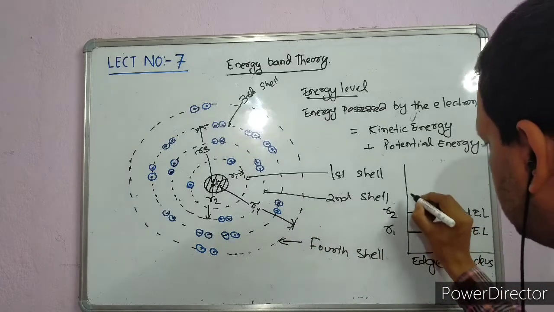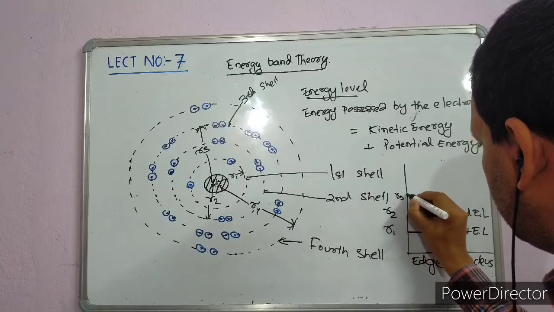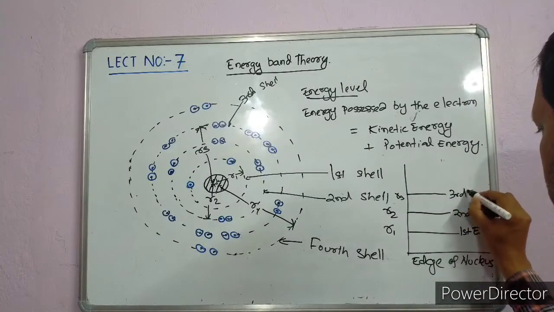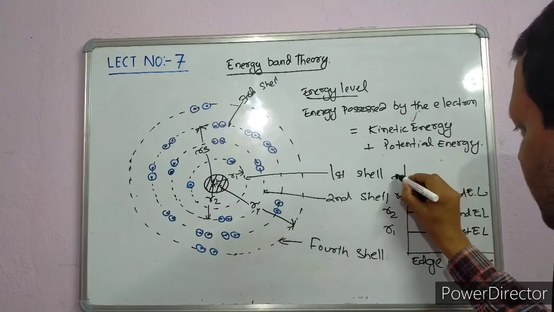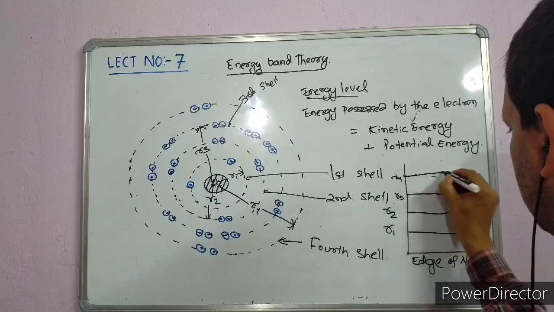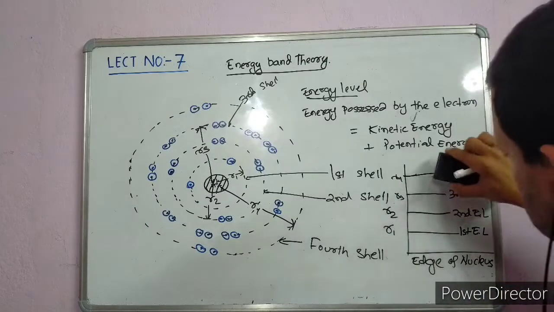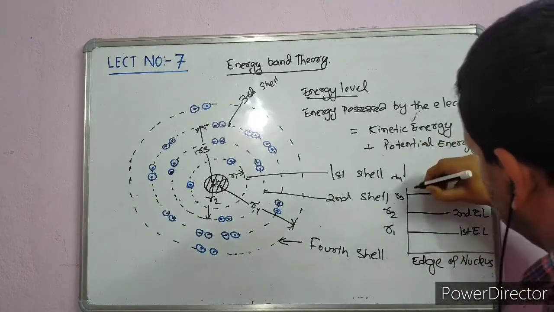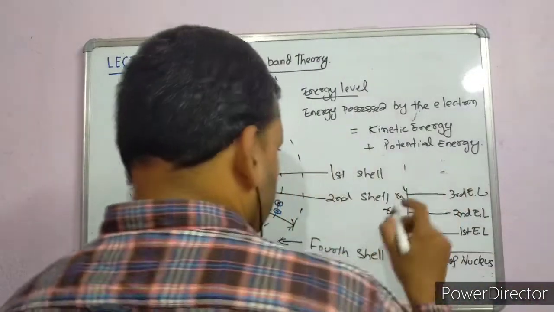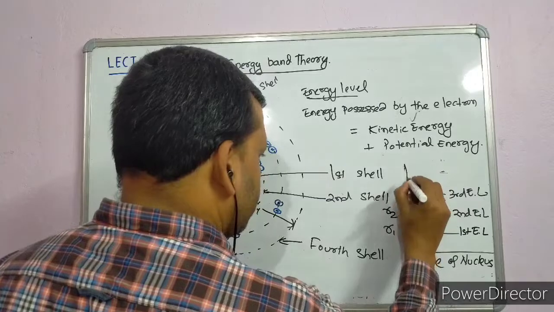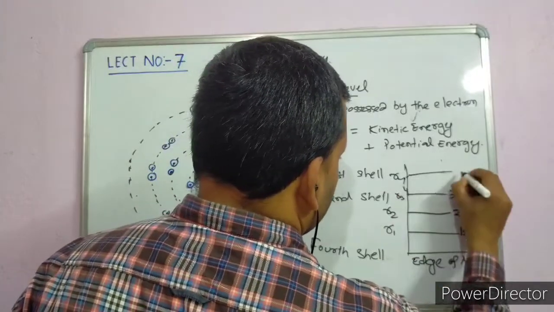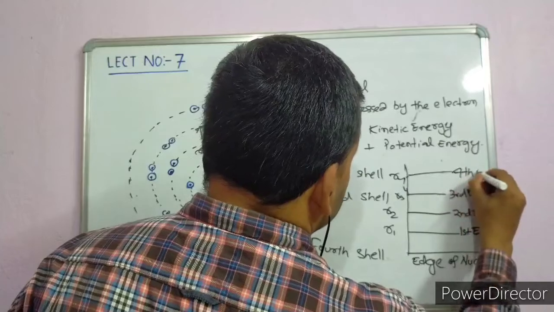Similarly, at a distance of r3, this is our third energy level, and for r4 we get the fourth energy level.